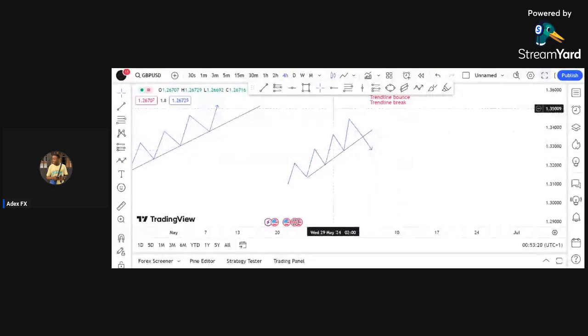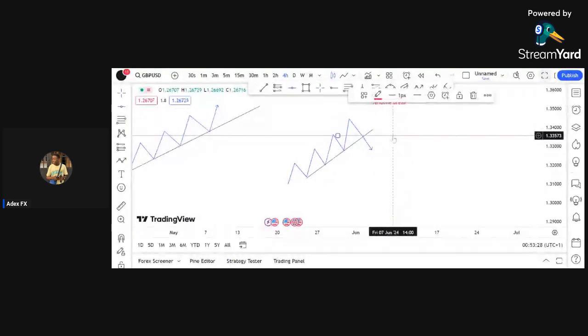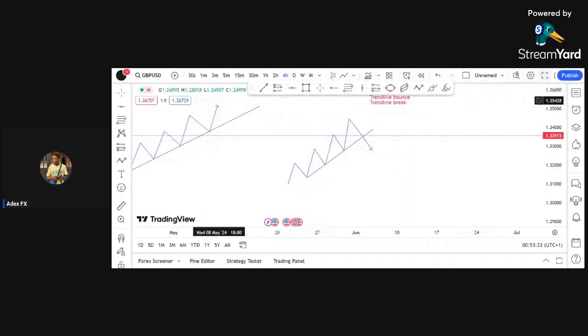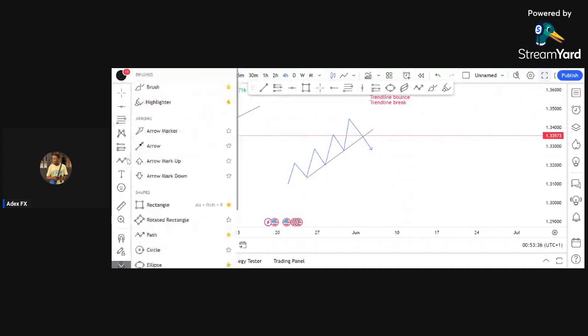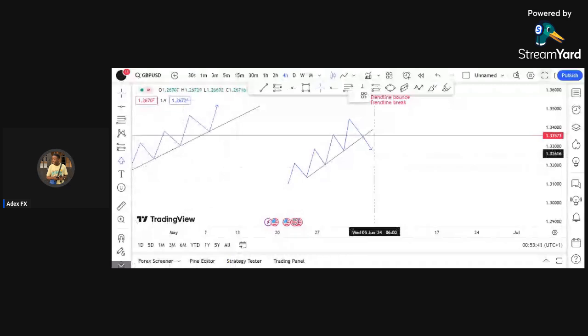So let's assume that you have a psychological level here, and the market comes back to that psychological level, then this is going to be your entry point for a short. That is how to trade trend line break.